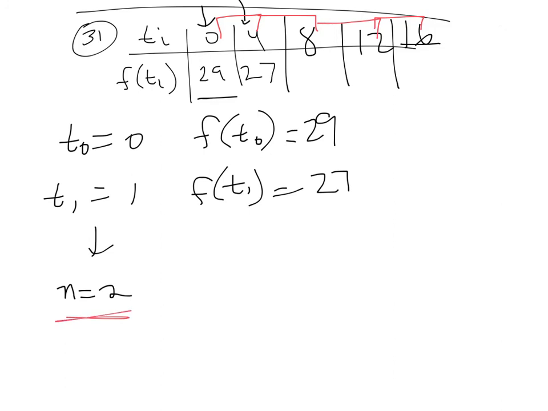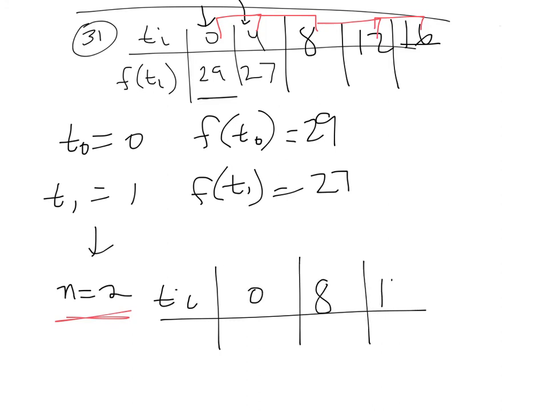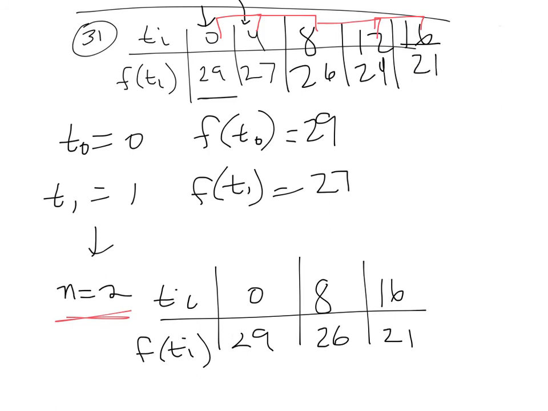But now they're saying I want to change it to 2, so that means your table is going to become 0 to 8 to 16. And you use the same values, so 29, 26, and 21. So that was 26 and that was 21. To be complete, we can throw that one in there. And then you do the same thing, left-hand, right-hand sum.